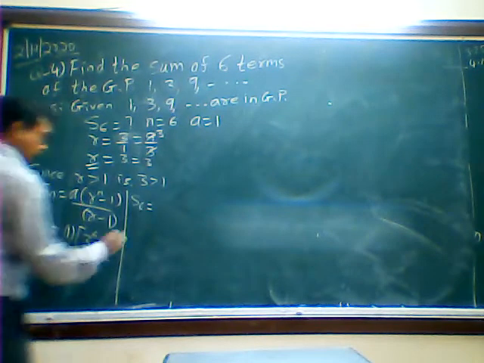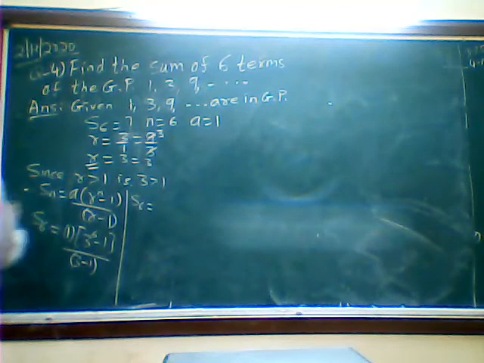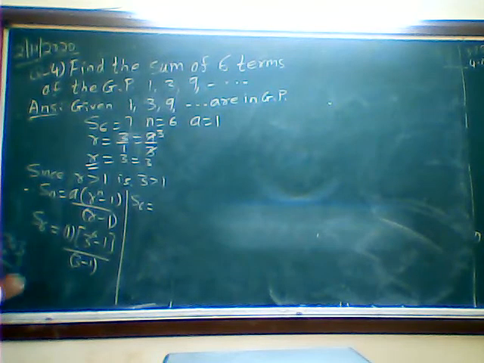S6 is equal to 3 raised to 6. How much is that? 3 threes are 9, 9 threes are 27, 27 threes are 81, 81 threes are 243, 243 threes are 729.